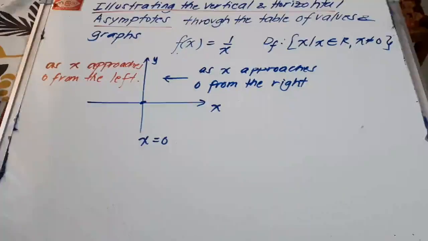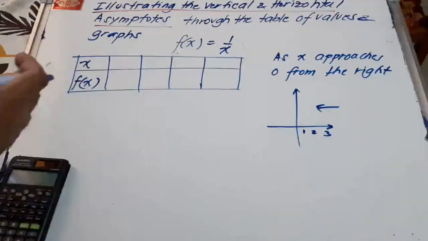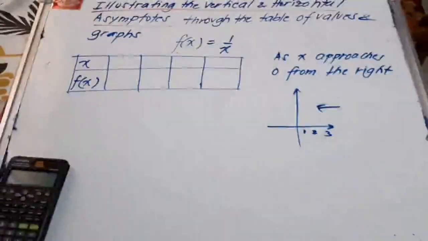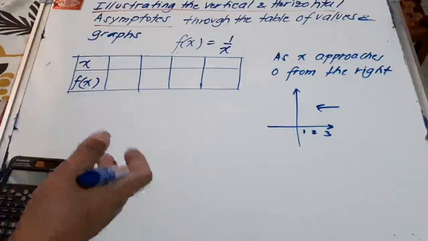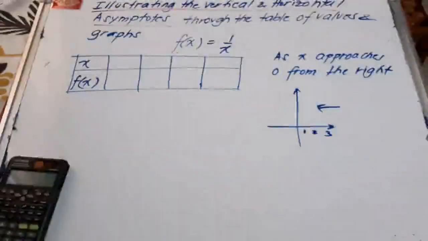Okay, so let us determine the behavior of the function f of x equals 1 over x as x approaches 0 from the right. Ibig sabihin nun, we're going to substitute positive values of x kasi yun yung nasa kanan ng mga values of x. Tingnan natin kung anong nangyayari kay f of x as x approaches 0.